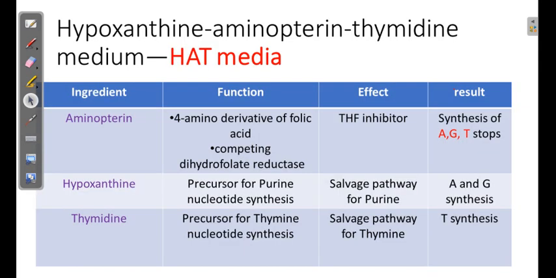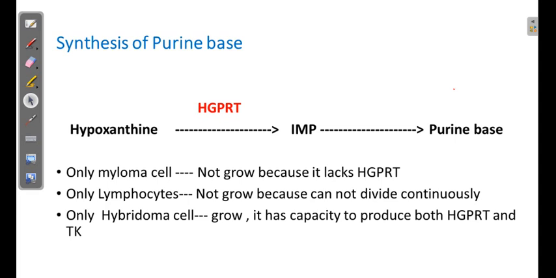In the HAT media, another component is hypoxanthine, and as we have discussed, hypoxanthine reacts with the HGPRT and is converted into inosine monophosphate, which is the intermediate that subsequently gets converted into the purine bases, that is adenine and guanine.